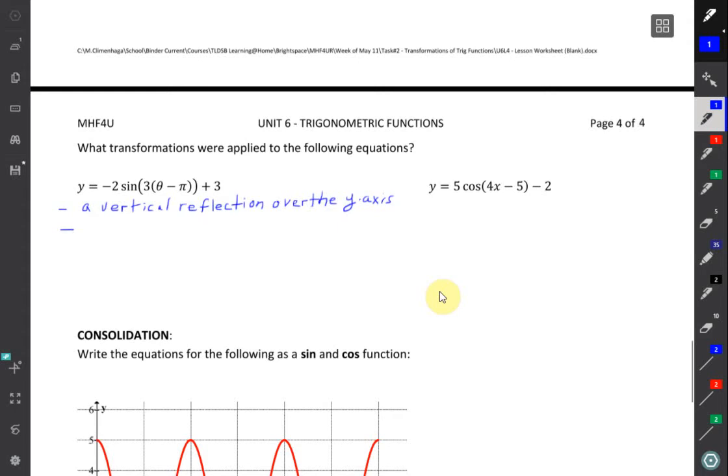There's a 2 out in front, so it's a vertical stretch, pardon me. A vertical stretch by a factor of 2.